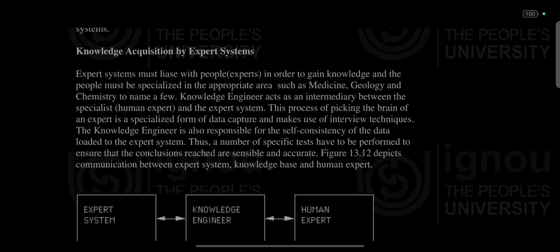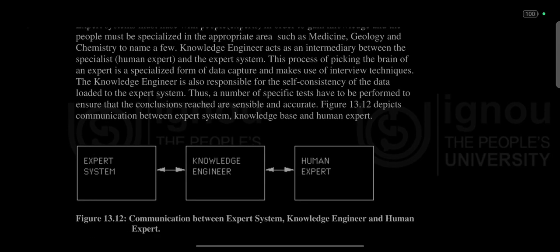This process of picking the brain of an expert is a specialized form of data capture and makes use of interview techniques. The knowledge engineer is also responsible for the self consistency of the data loaded to the expert system. Thus, a number of specific tests have to be performed to ensure that the conclusions reached are sensible and accurate. Figure 13.12 depicts communication between expert system knowledge base and human expert.